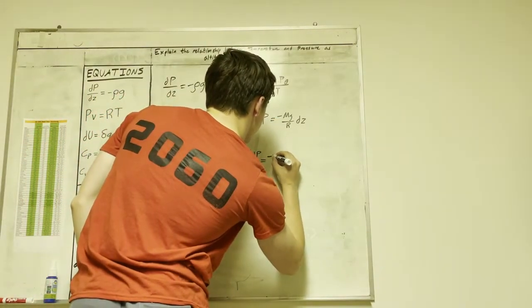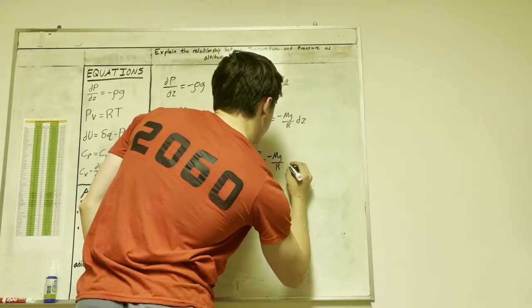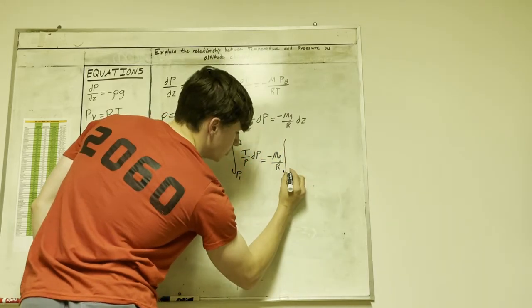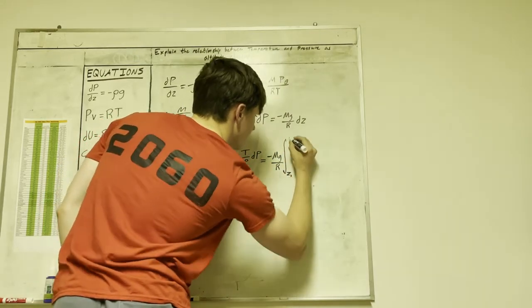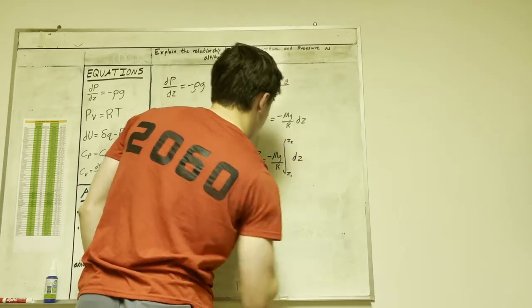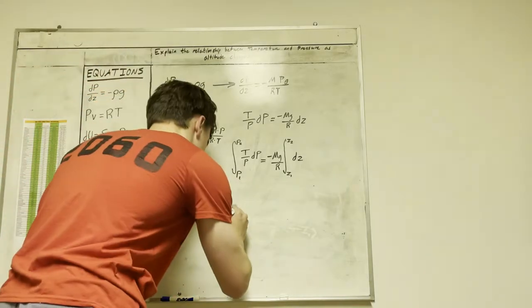So then we have negative mg over R integral from an initial position of z1 to some final position z2 dz. And then upon integrating, we can get this.